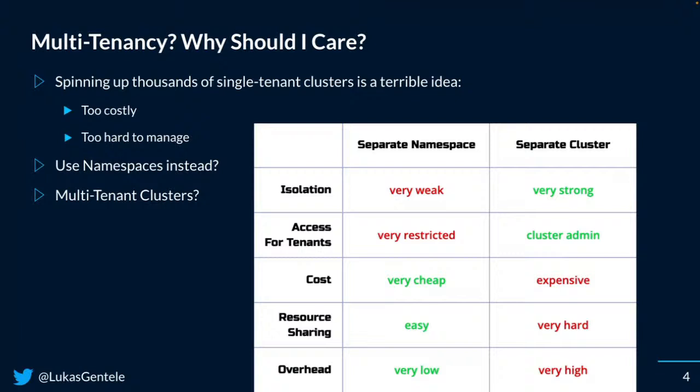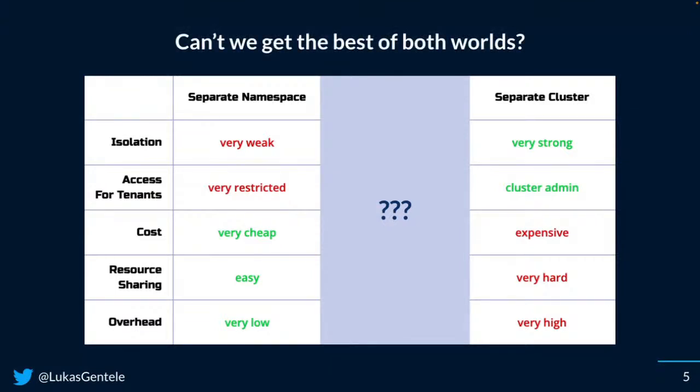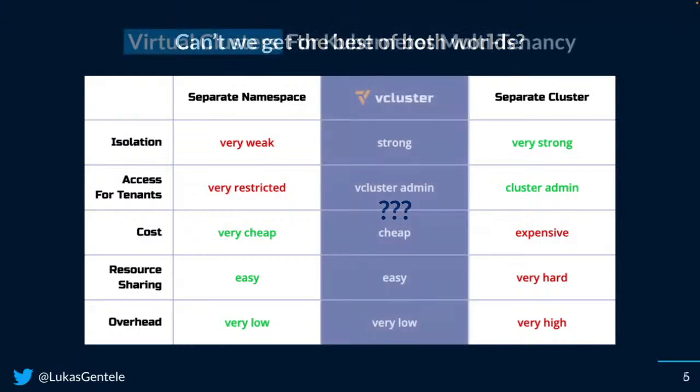But again, it's really difficult to isolate users with namespaces, and it's really restrictive in terms of access when you're using namespaces. So it kind of looks like we could combine these benefits somehow, right, and try to find something in the middle. And that's actually what we're trying to do, getting the best of both worlds.